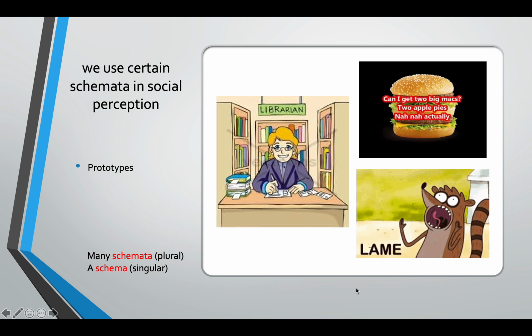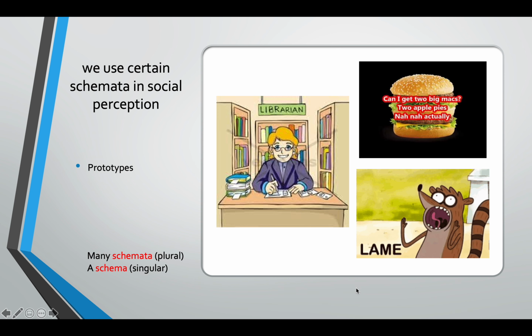We have schemata that we might call prototypes, and that's the librarian that you see here. We have an image of an ideal type of person, the kind of person with certain characteristics that we would expect of them. And we could call those prototypes in their most innocent form.